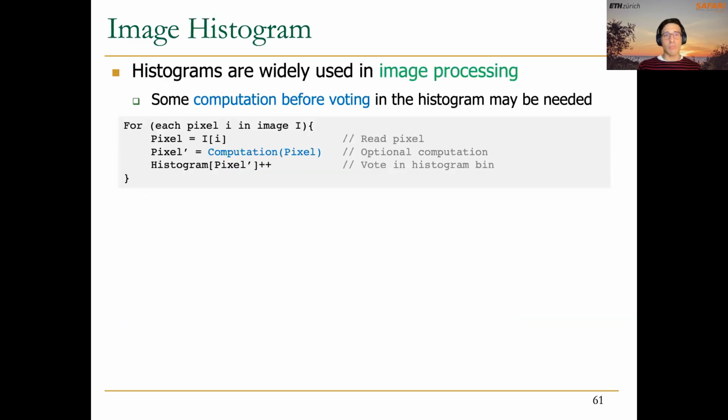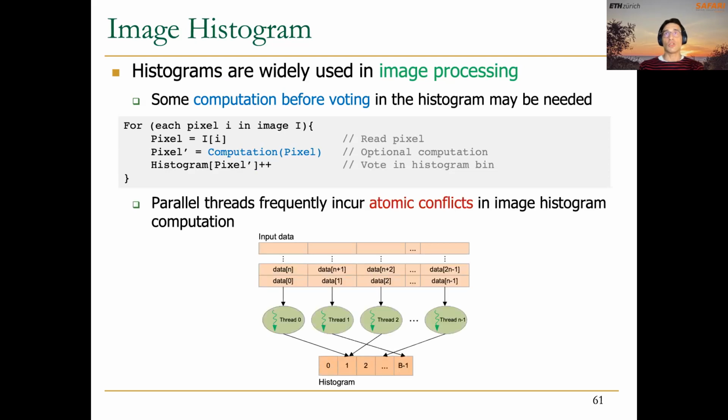We are going to talk in much more detail about atomic operations in a later lecture, in particular when we talk about histograms, which are a widely used primitive in image processing and other fields as well. As you may know, a histogram essentially counts the number of occurrences of a certain value in some certain input.